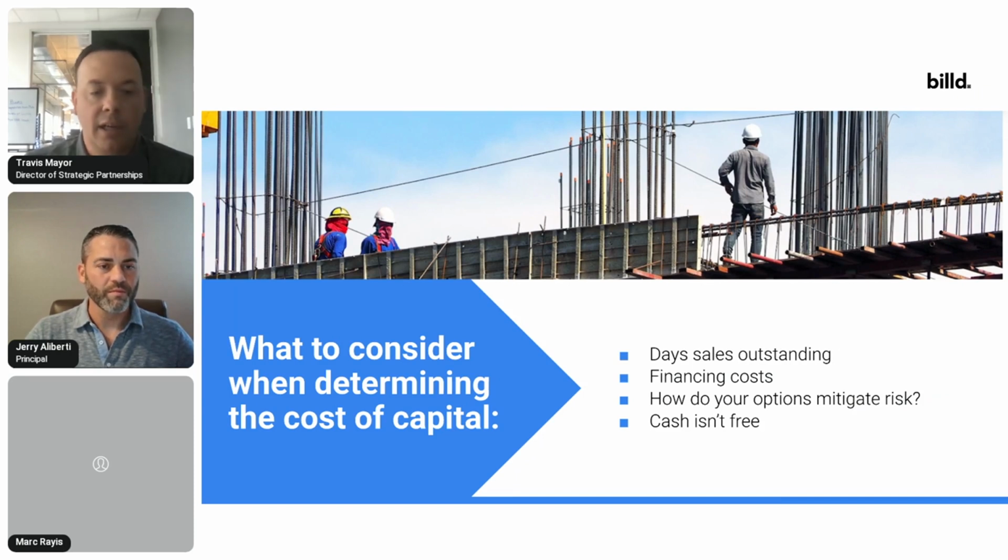Financing costs, right? Having financing options in place before you need them, and then knowing the costs of them. Having those processes and systems in place, such as I use this option at these times, can go a long way to minimizing the ultimate landed costs of your options. And then, the different capital options that you have, how do they mitigate risk?